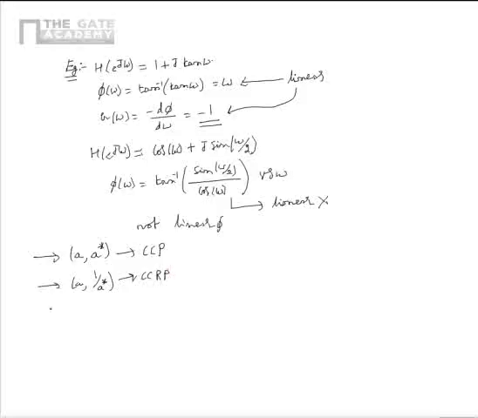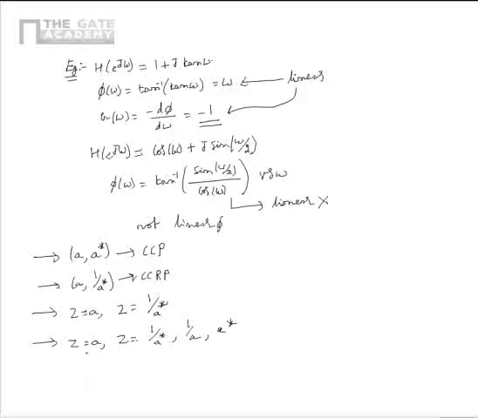So in case of a linear phase system, if there is a zero located at A, then we can say that definitely there exists another zero at 1 by A star. This is the property of a linear phase system. If the system is linear phase and the impulse response is real, then if there is a zero located at A, then definitely there are zeros located at 1 by A star, 1 by A, and A star.